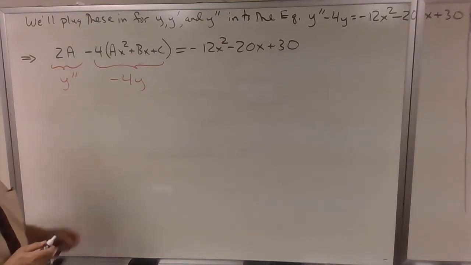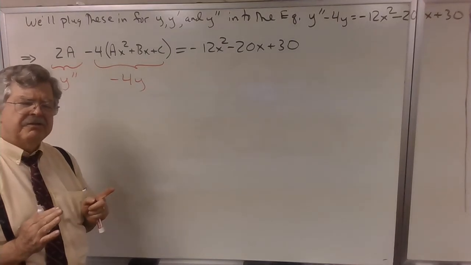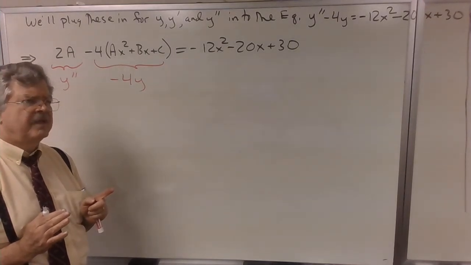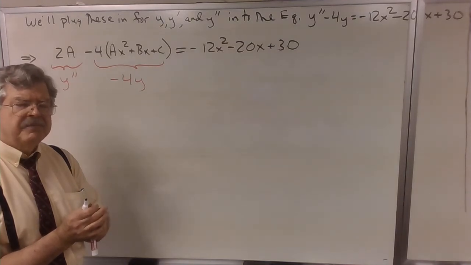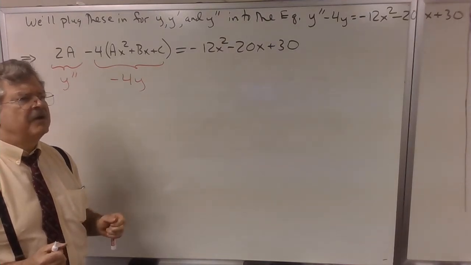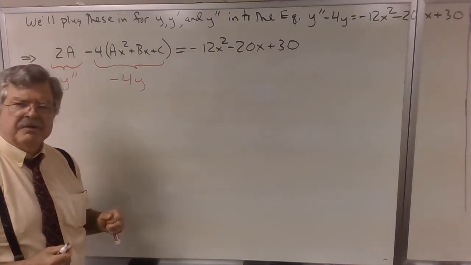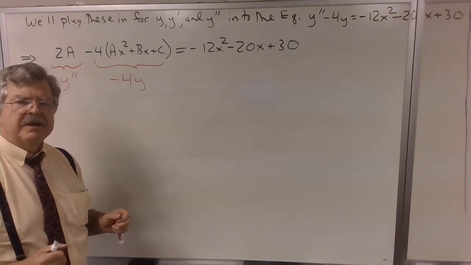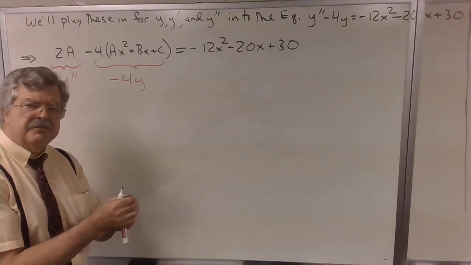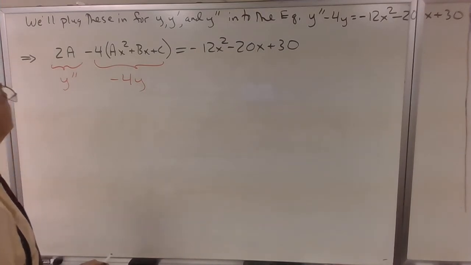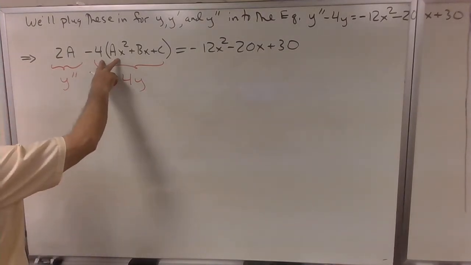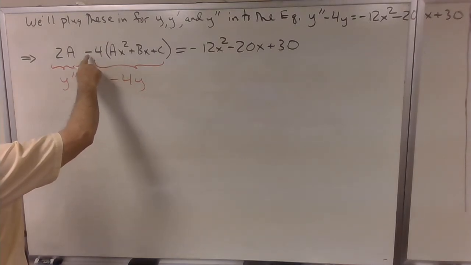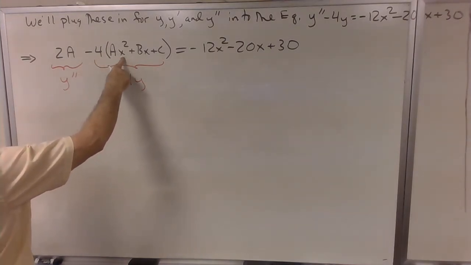I'm going to collect like terms in the sense that I'm going to get all the constants together in one term, all the x terms together in one term, and all the x squared terms together in one term. We only have one x squared term, negative 4ax squared.